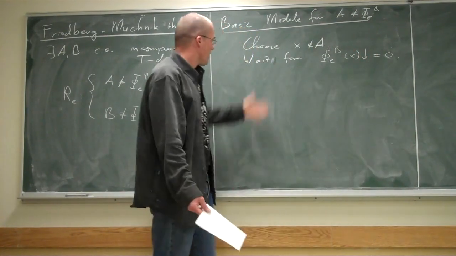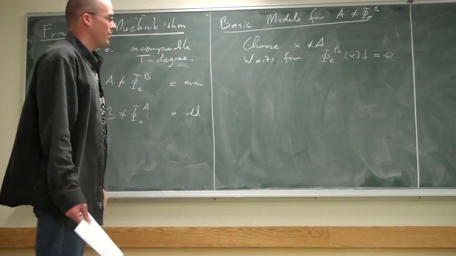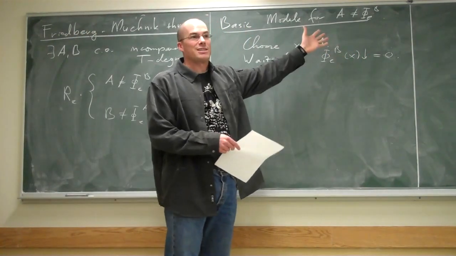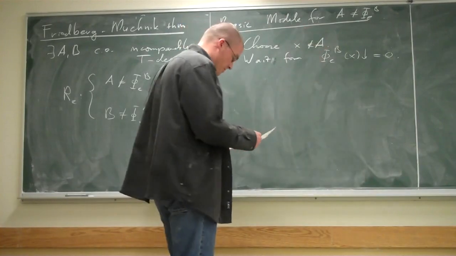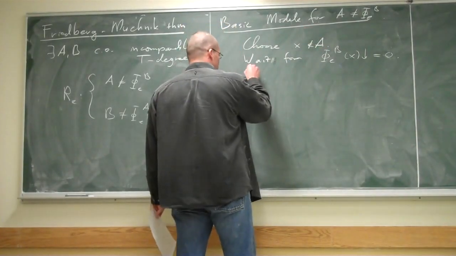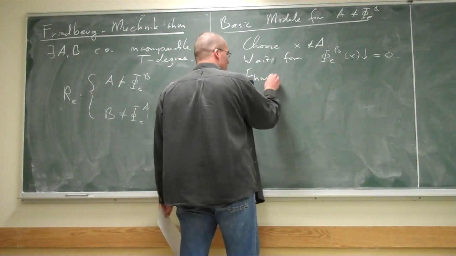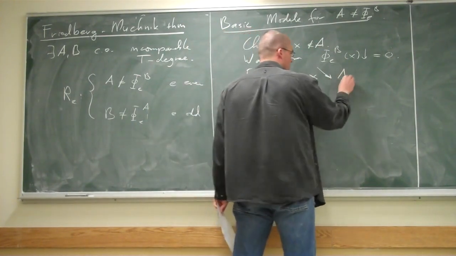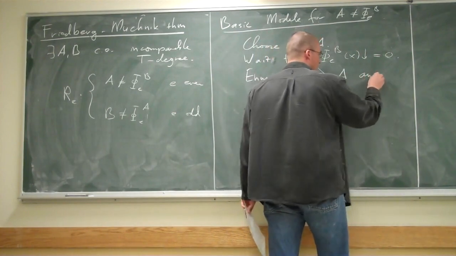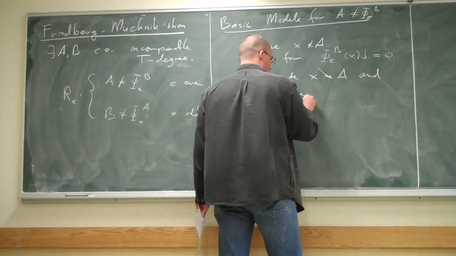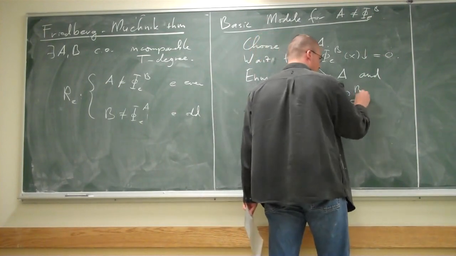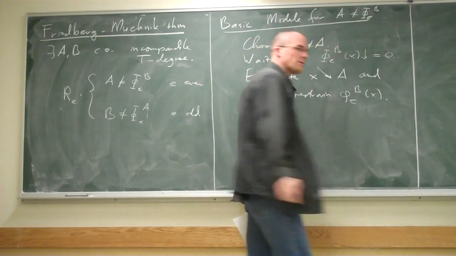Right? So if you go into a wait stage, you're all good. If this happens, then the action is also pretty clear with the things we've done before. Then we enumerate x into A and restrain phi e b of x.